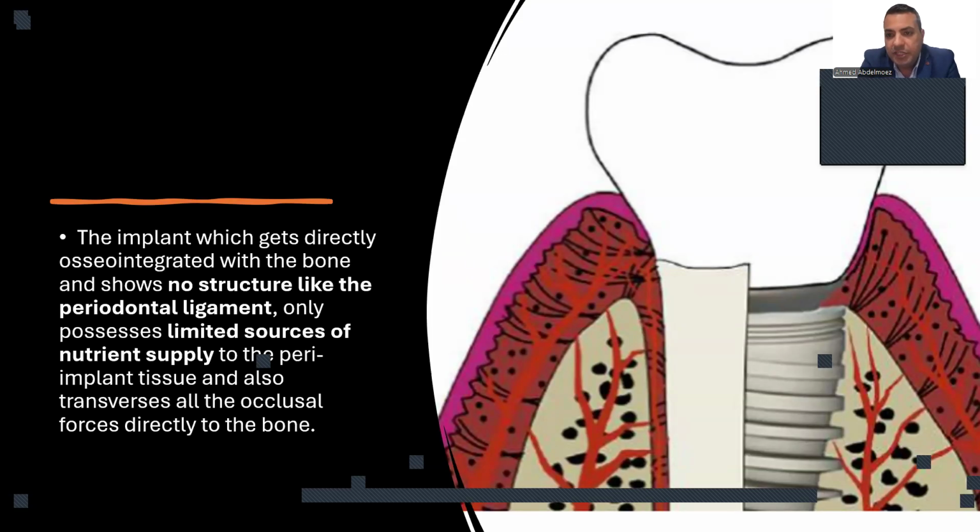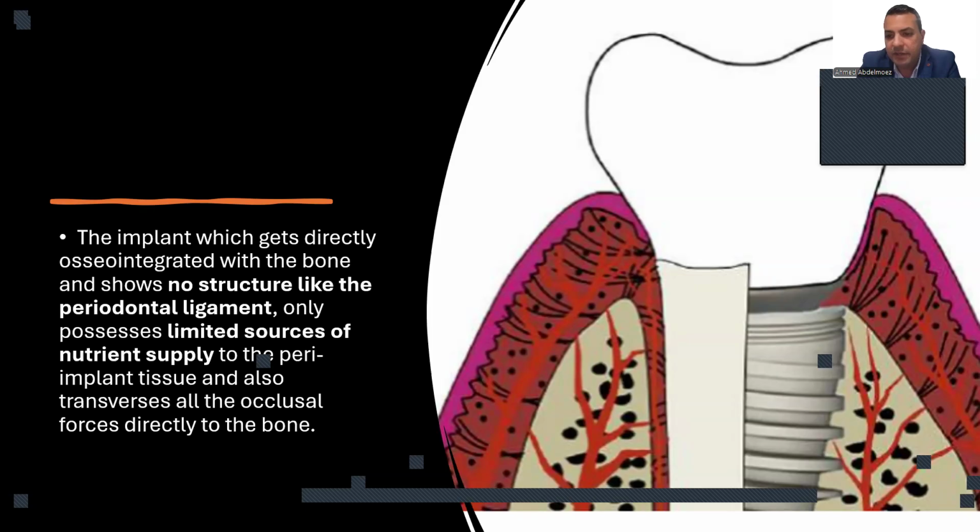Because implants, which get direct osseointegration with the bone, show no structure like the periodontal ligament, only possess a limited source of nutrient supply to the peri-implant tissue, and also transfer all the occlusal force directly to the bone.